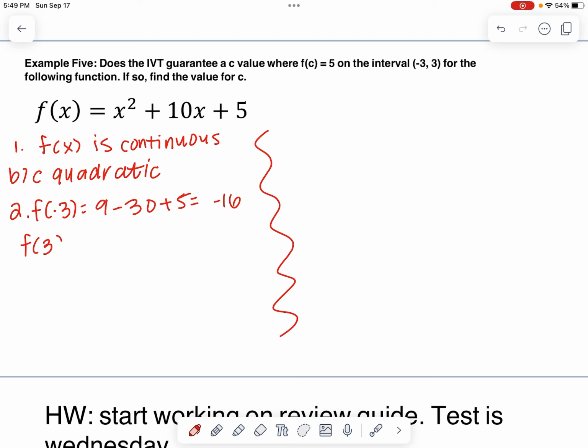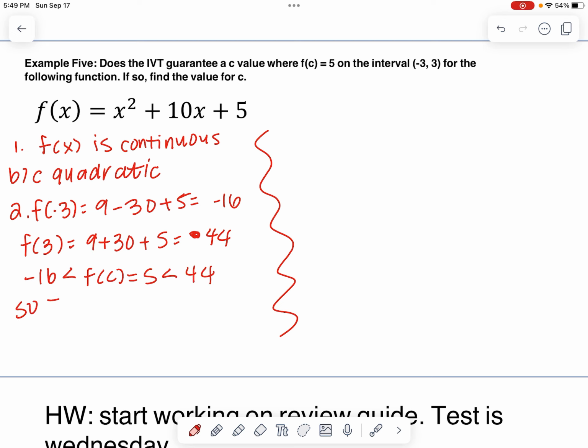If I plug in f of 3, I'd get 9 plus 30 plus 5, and that ends up being 44. And so -16 is less than 5, which is less than 44.